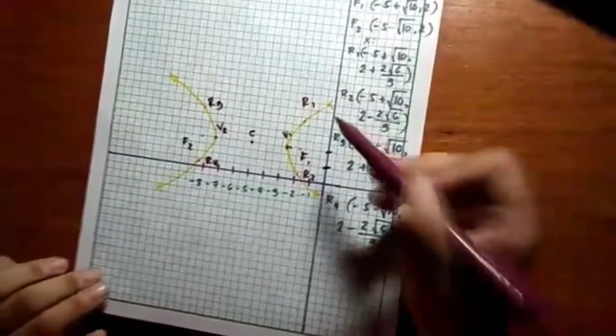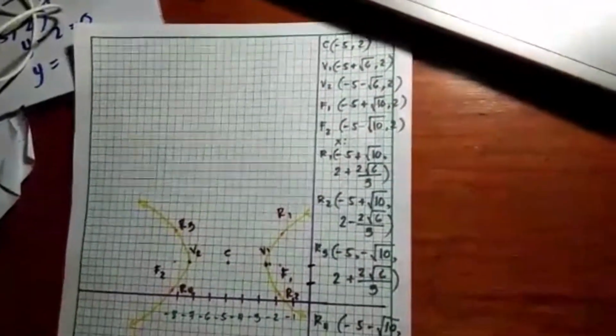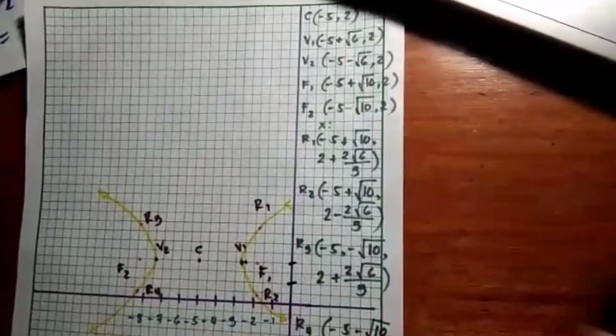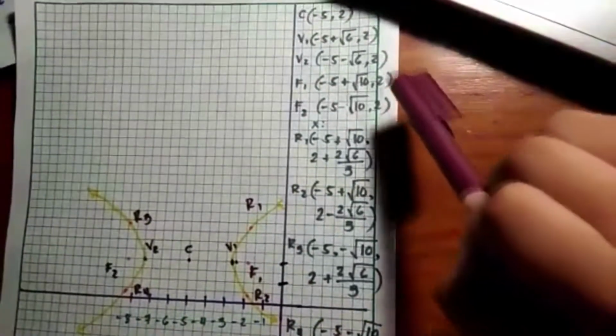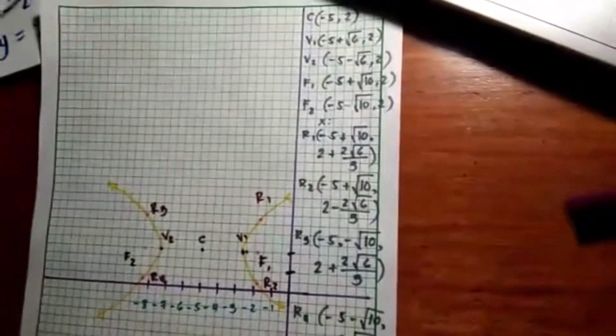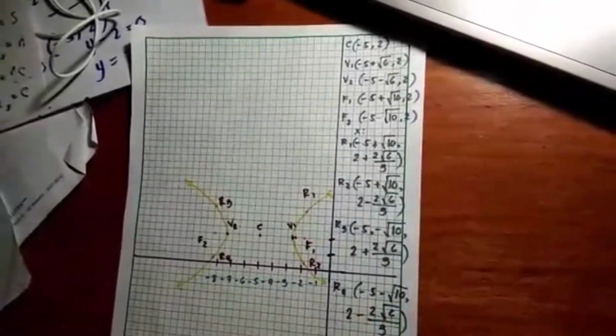So here we have the graph. You can plot it using these coordinates. You can graph them using your graphing calculator if you have one, and then you can see the exact coordinates where to plot them. So that would be our hyperbola. Thank you.